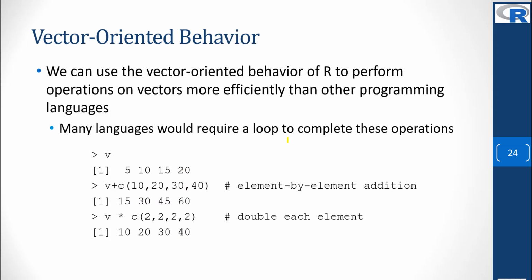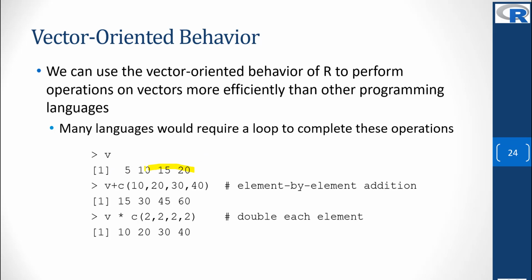R provides what we call vector-oriented behavior, which allows us to do things with vectors that are going to be very efficient, very powerful, really. And you'll see, again, something similar to this in the Python data science libraries. So here's what we have in R that we can do using the vector-oriented behavior.